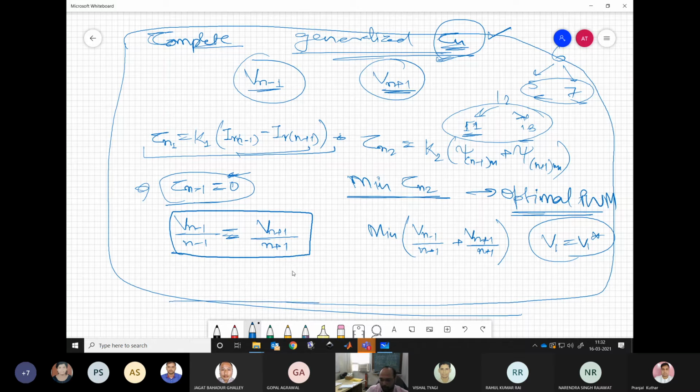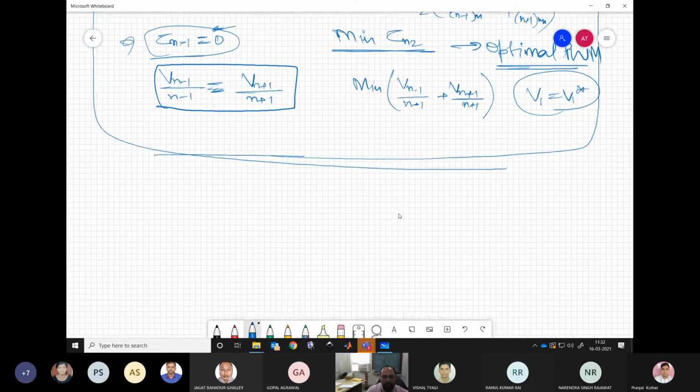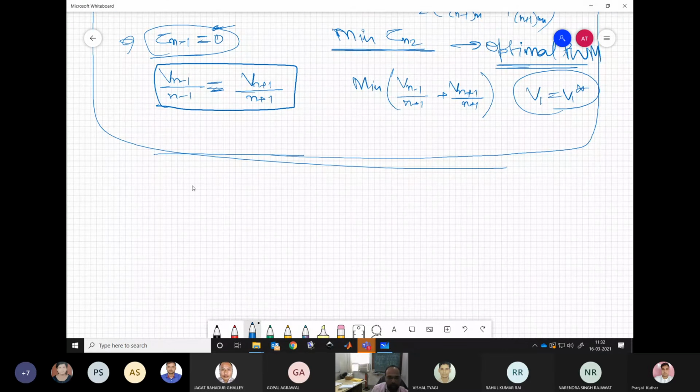So let's say you have a few more torque harmonics to be minimized. Let's say tau n, then there could be tau m, tau k. So all the corresponding voltage harmonics you can keep in this fashion. So Vn minus 1 by n minus 1 equal to Vn plus 1 by n plus 1.